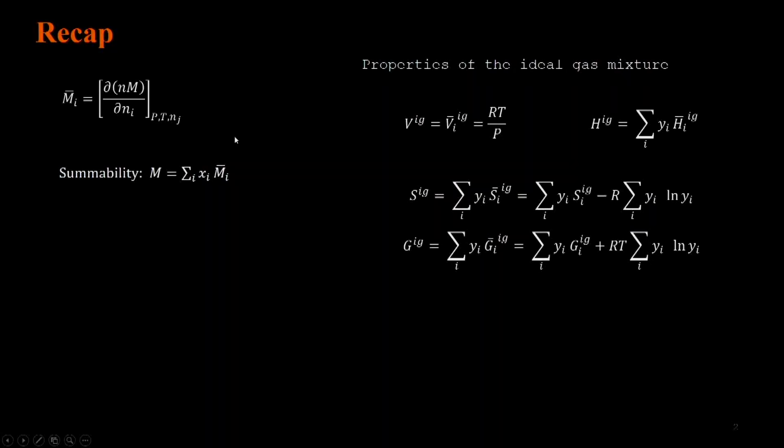In a mixture of chemical species, we have defined a quantity known as the partial molar property, Mi bar. And then we have related it to the total property of the mixture via the summability relation, weighted with the mole fraction of that particular species.